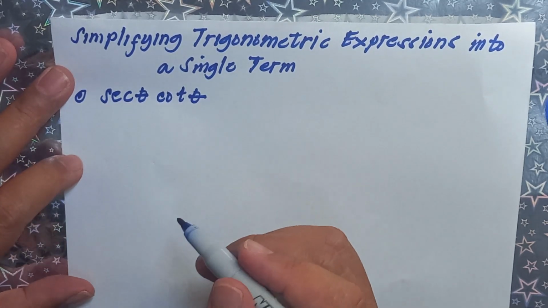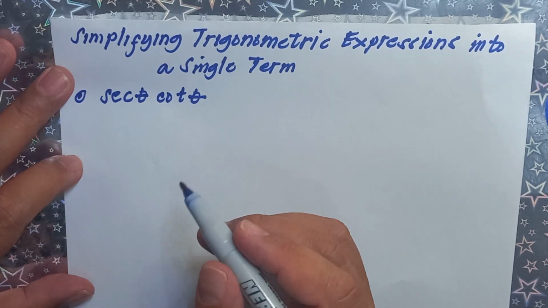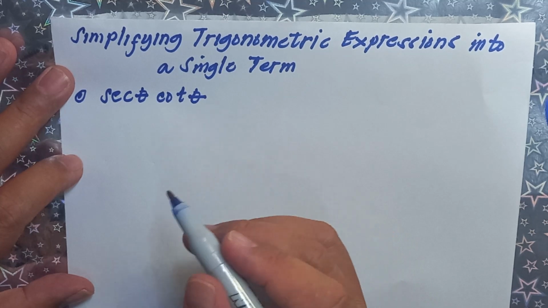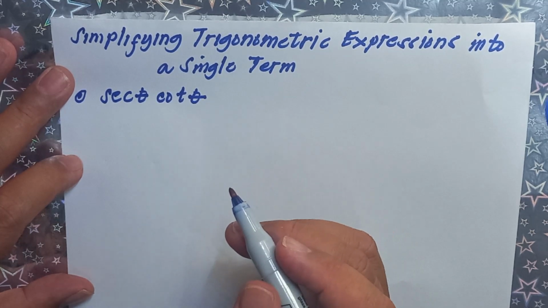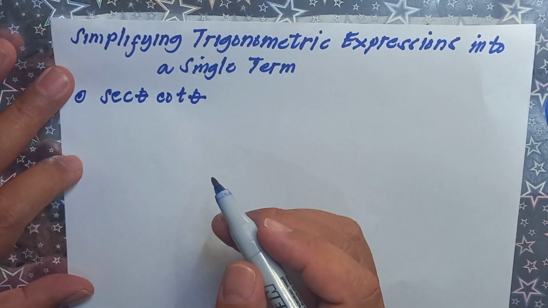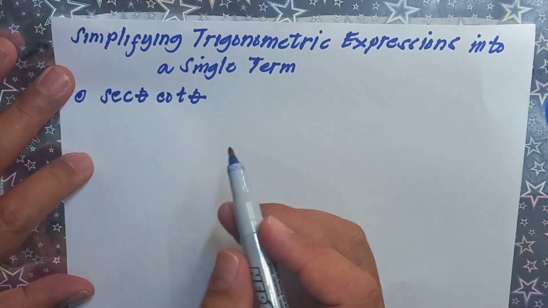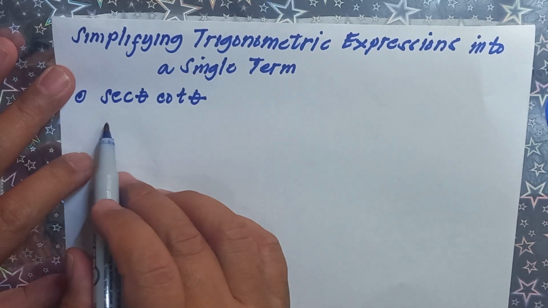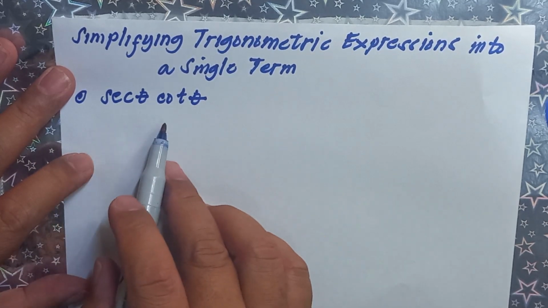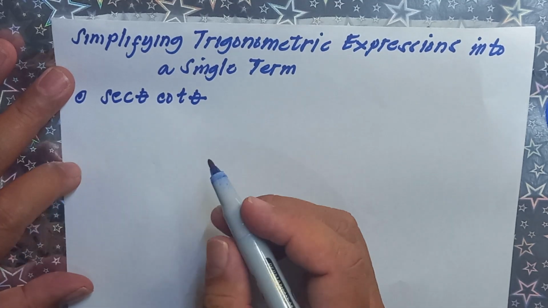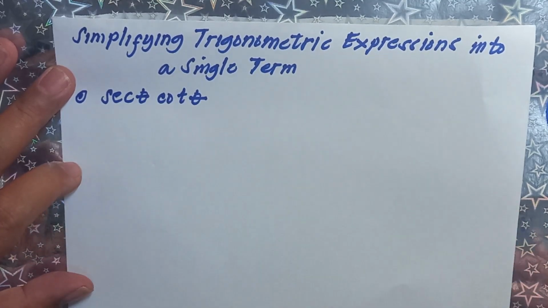Memorize the basic identities such as the reciprocal identities, the quotient identities, and the Pythagorean identities, because these are what we are going to use to simplify complicated expressions like this. But anyway, our expression is very simple.